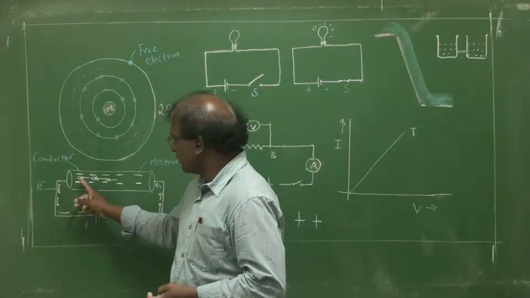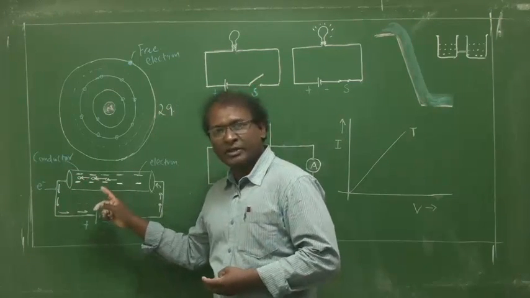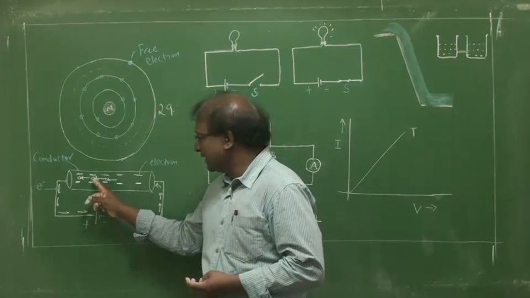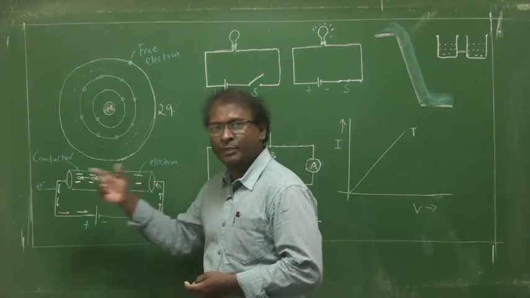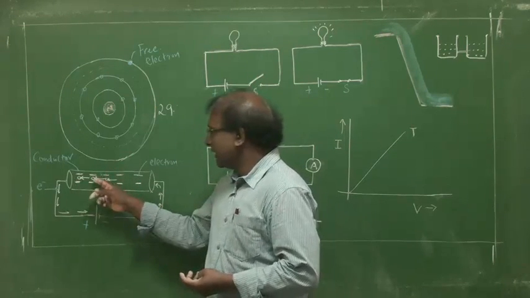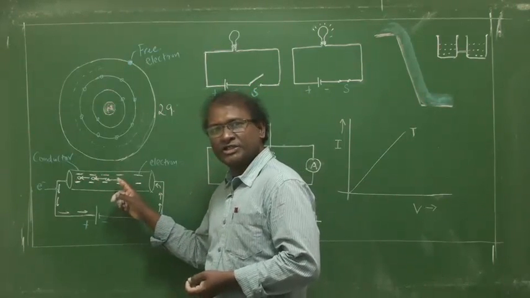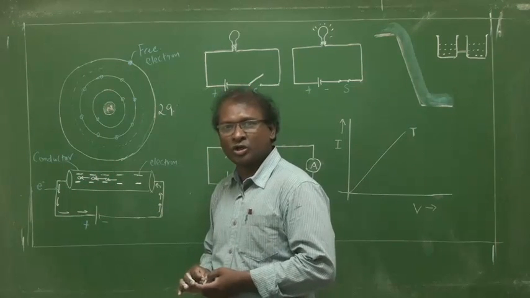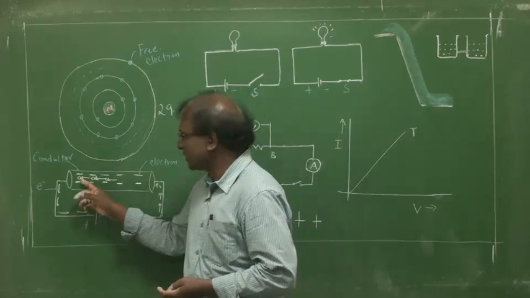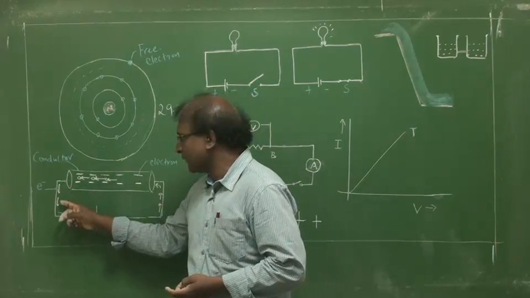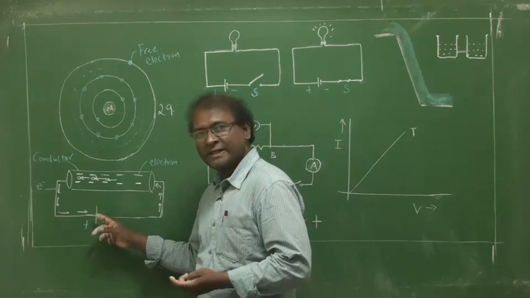Here it makes a vacancy which gets filled by the neighboring electron. When the electron moves and fills the vacancy created by the previous electron, there is one more vacancy created at this place, and another adjacent electron is able to occupy it. So it's a continuous process wherein electrons start drifting and they move towards the positive terminal of the battery or the cell. Why?